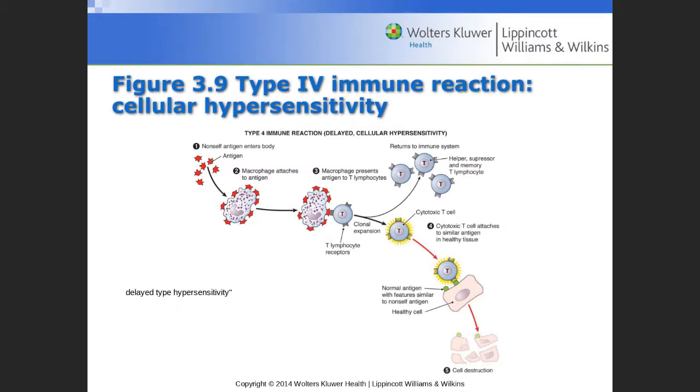Sensitivity. Two examples are PPD and poison oak. In the case of poison oak, if you go camping and you brush against the compound that is found in the leaf, it reacts with your self antigen on the weekend, but you probably don't get a severe allergic reaction until Monday or Tuesday.